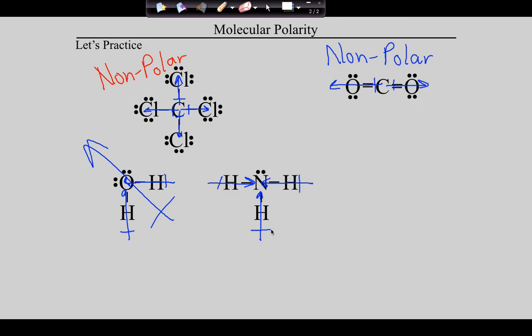And we have a bond like that. But there may be some examples of hydrogen bonding with some of these weaker metals down here. I'm not sure, but you can always look it up.